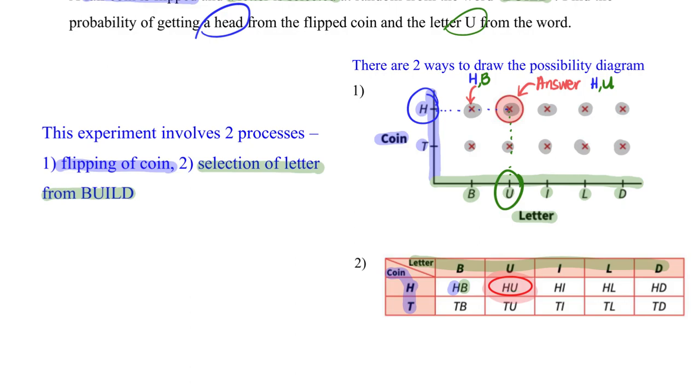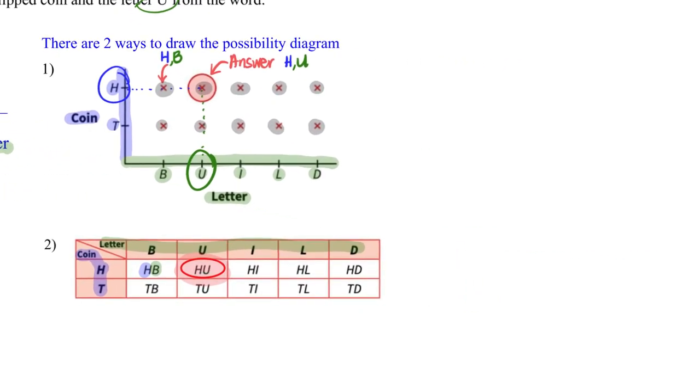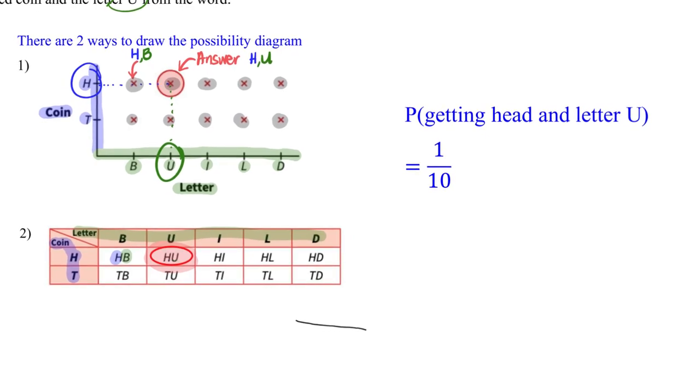So once I have this, it becomes relatively straightforward for us to see that the answer that we need would be 1 out of 10, because there's only one possible outcome out of the total number.